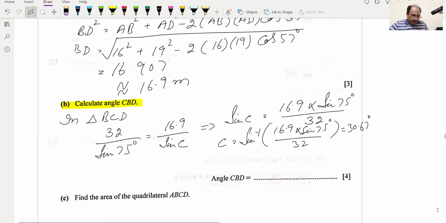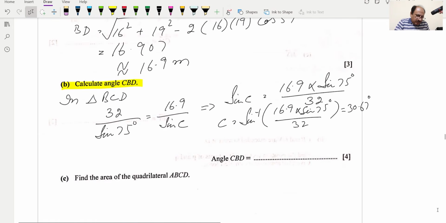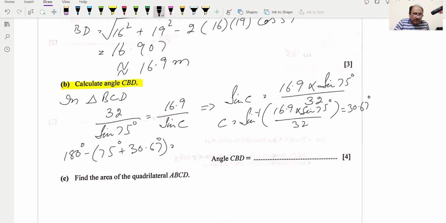So angle B is 74.3 degrees, up to 1 decimal place. We can even mention over here 180 minus 75 plus 30.67 degrees.